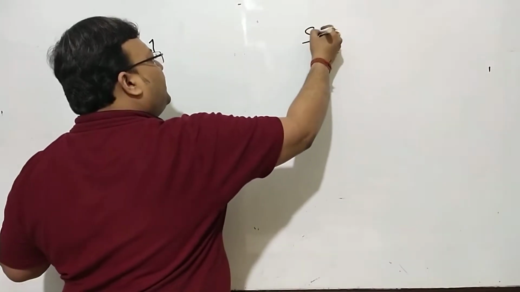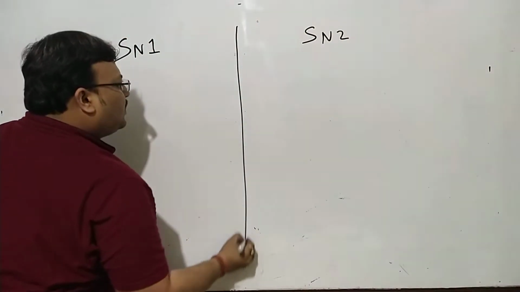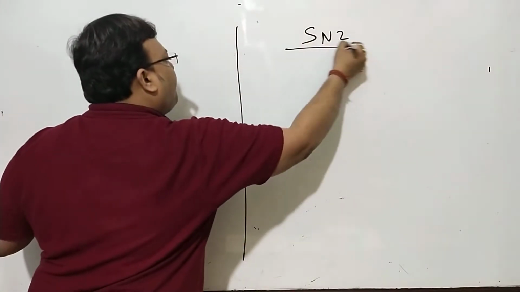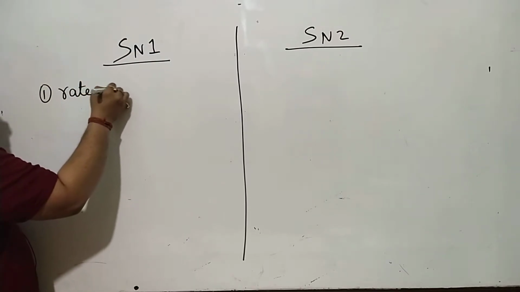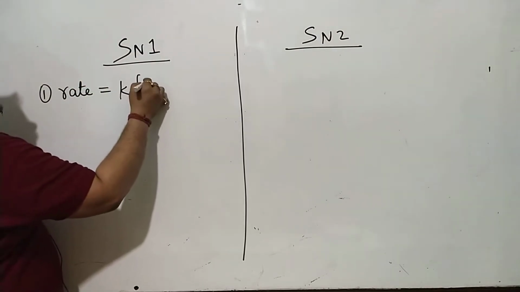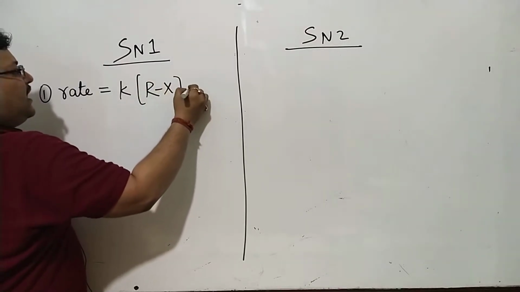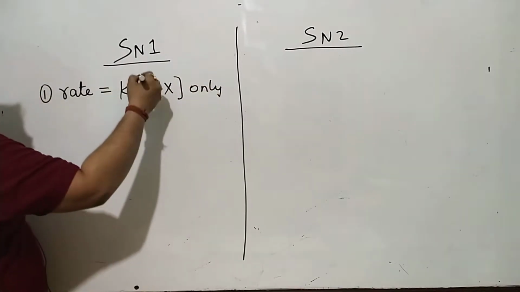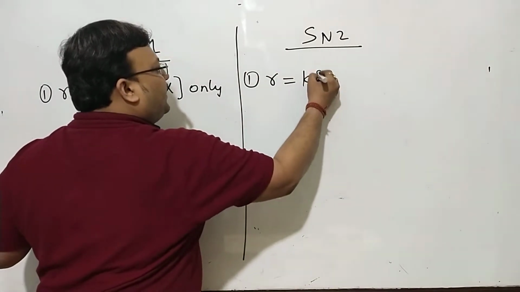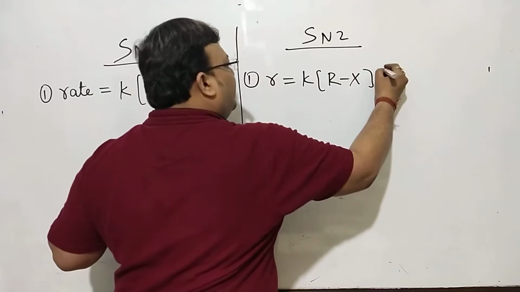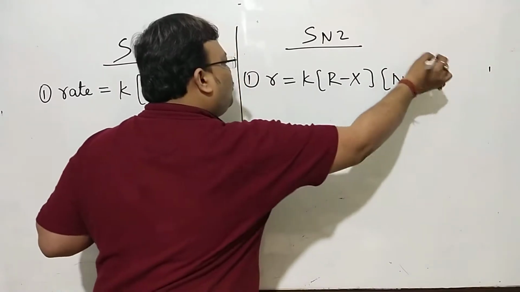Now, right away SN1 and SN2 would look like this. For SN1, rate is equal to some rate constant times Rx only, because with respect to the nucleophile the order is 0. For SN2, rate is equal to K Rx as well as the nucleophile, both to the order 1.